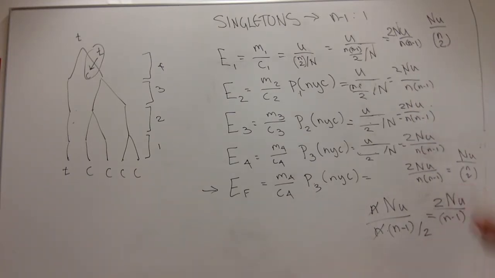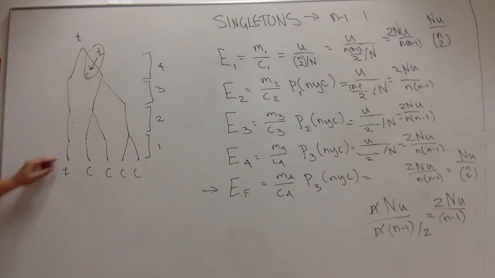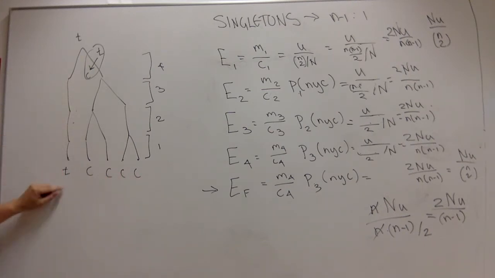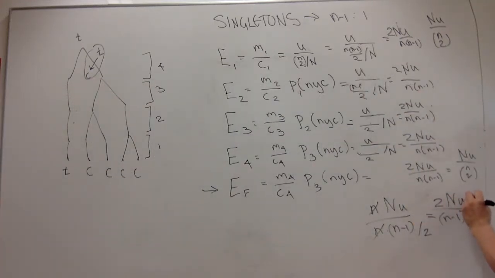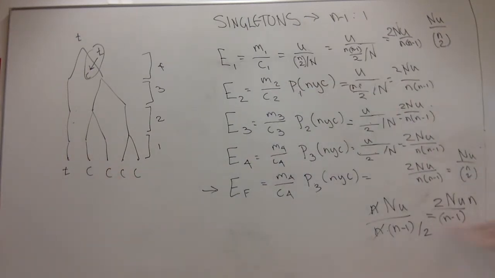Okay, so we just have one more step here. This is the number of singleton mutations that we expect in this individual, but we have an equal number for each one of these other individuals. Every argument we've gone through for this one equally well applies to these others. So we can just multiply that by n for our number of individuals, our number of alleles, and we get our total expected number of singletons.